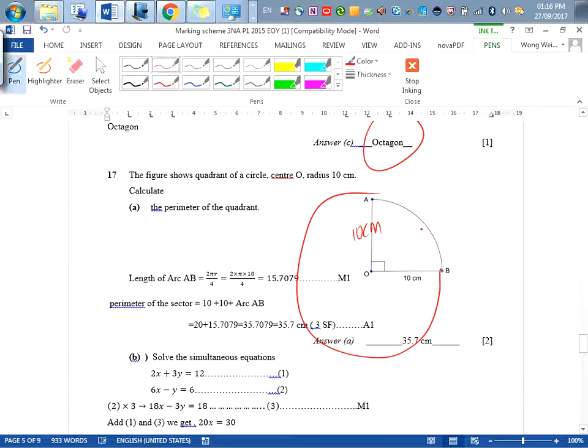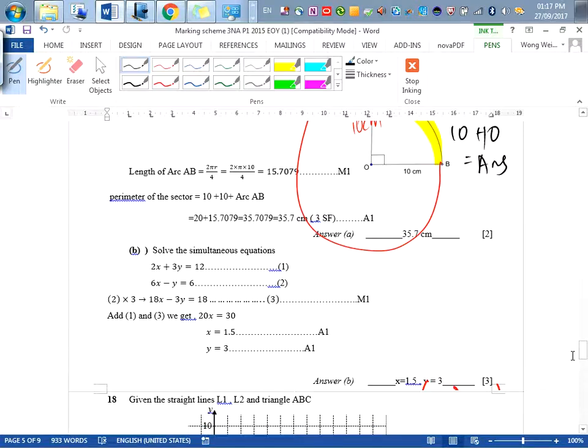It is 1/4 of the circumference. So 1/4 of the circumference. What is the formula for circumference? 2 pi times r, which is 10. What are they asking? Perimeter. So this one plus 10 equal to answer. You leave it in 3SM, why you want to write so many?